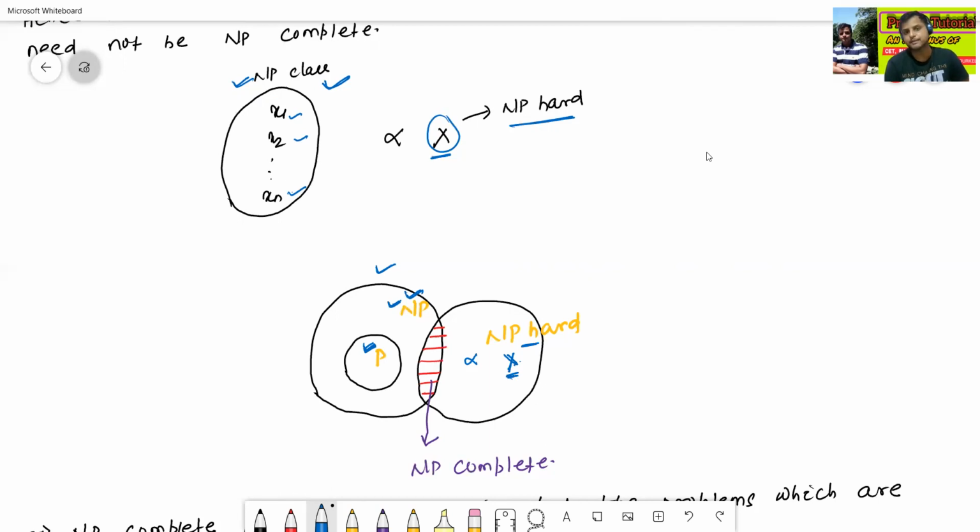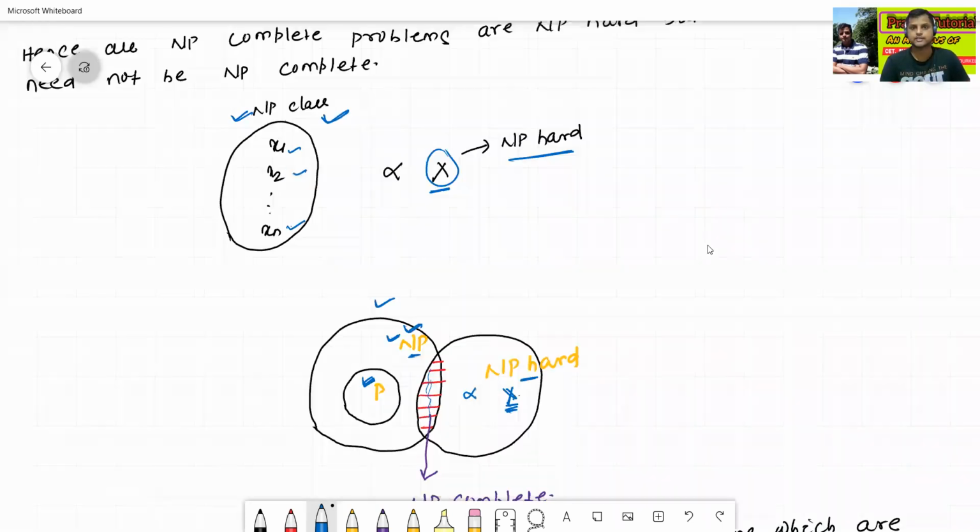If this X belongs to the NP class, this red color part is called an NP complete problem.